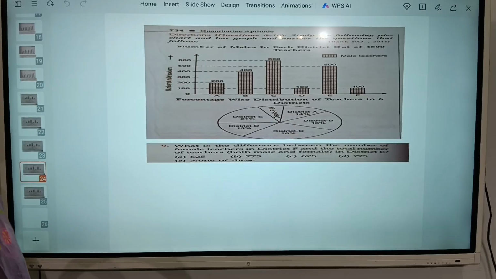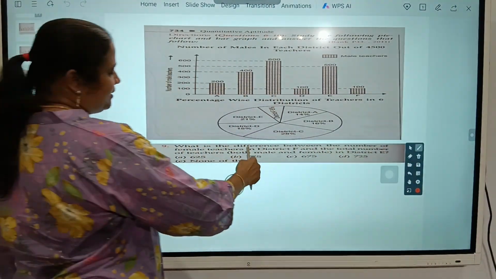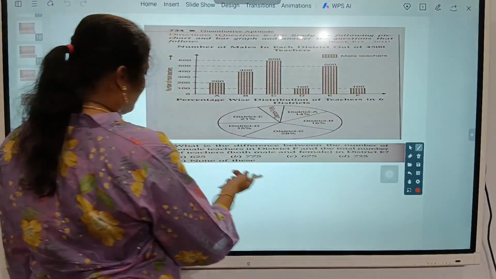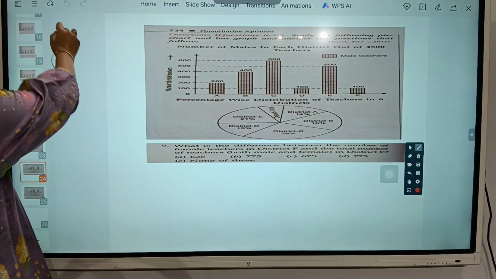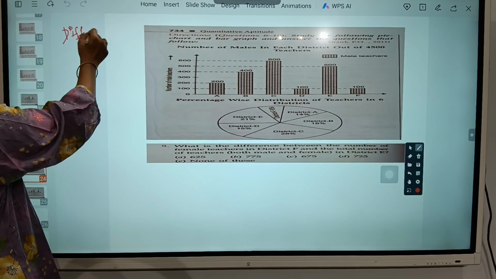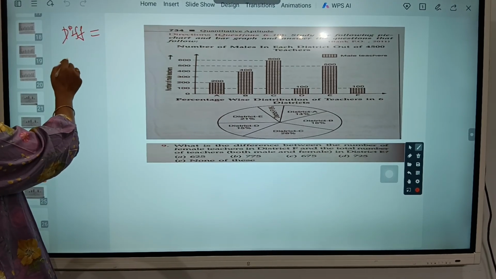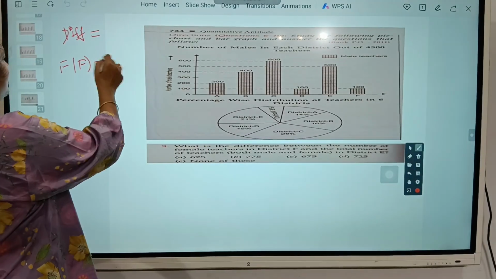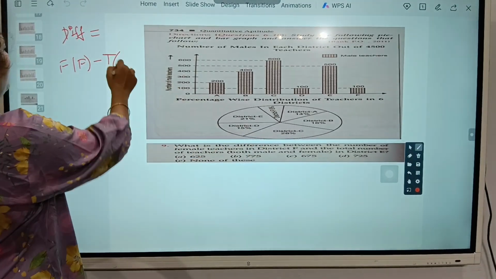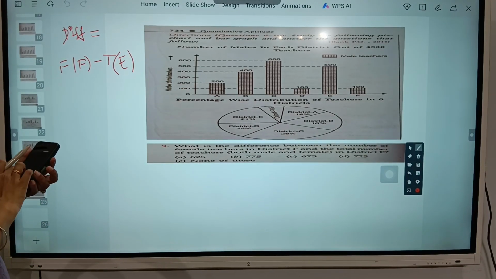What is the difference between the number of female teachers in district F and the total number of teachers, both male and female, in district E? So the difference, subtraction, is the number of female teachers in district F minus the total number of teachers in district E. What is the number of female teachers in F?